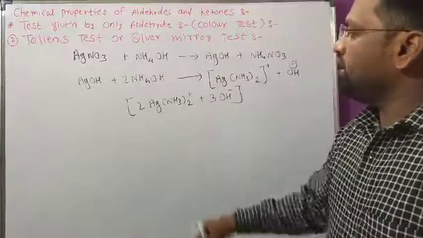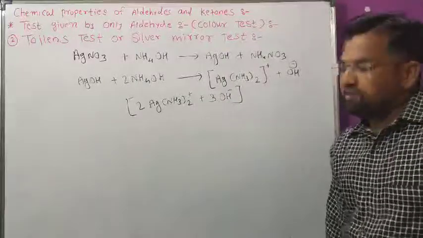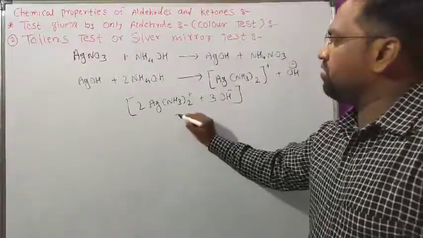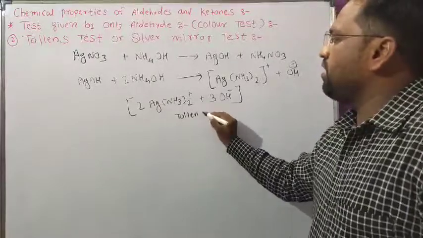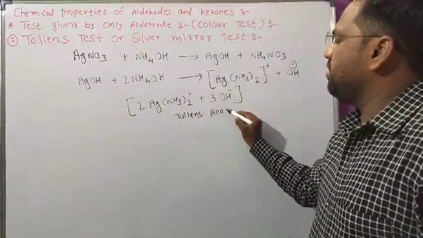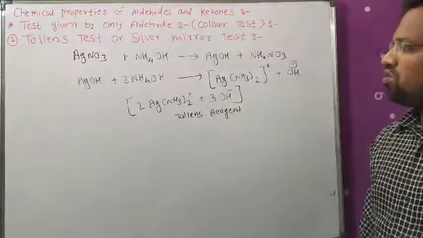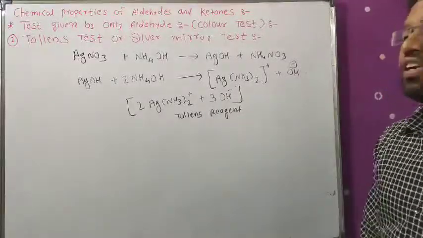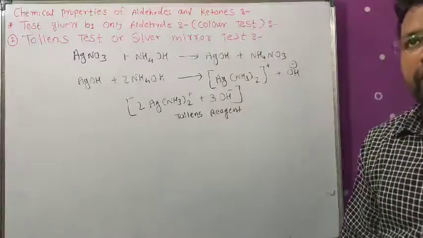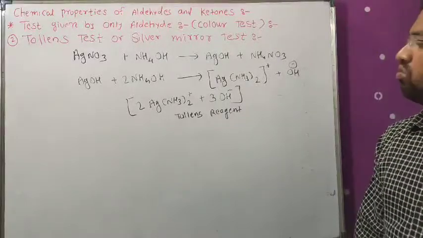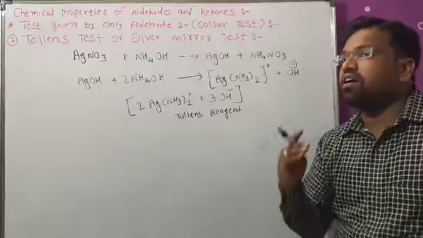Okay, so this is the representation of the Tollens reagent. Now see here, it is also called an ammoniacal silver nitrate solution. Okay, so what is the other name of the Tollens reagent, son?